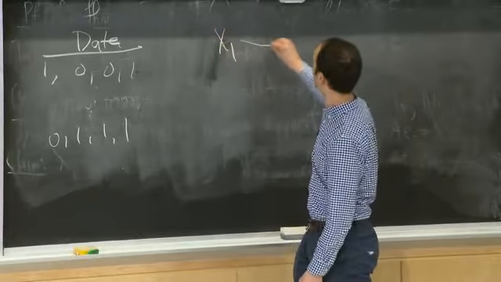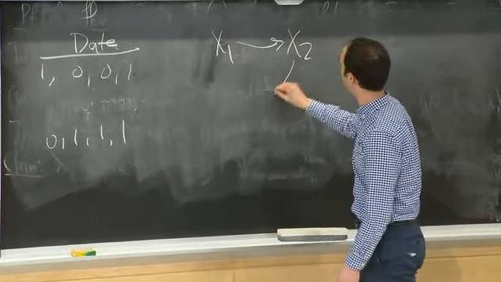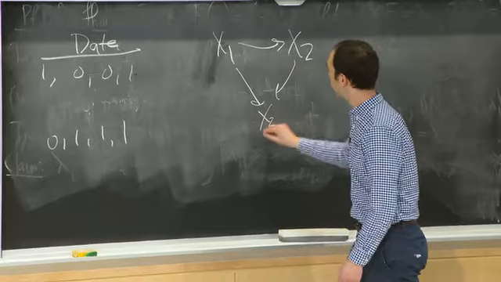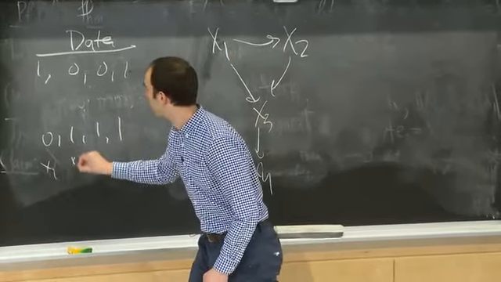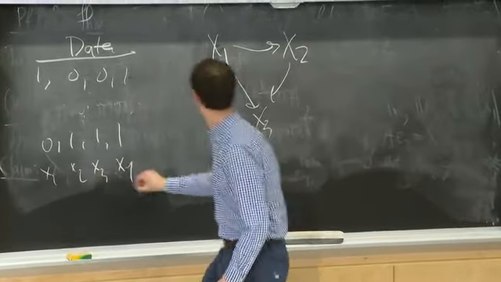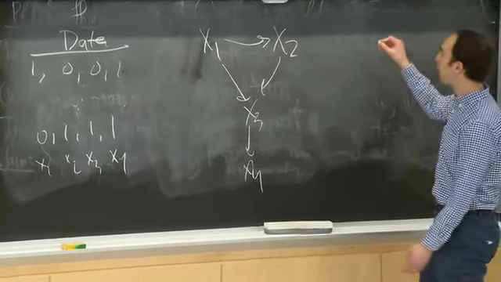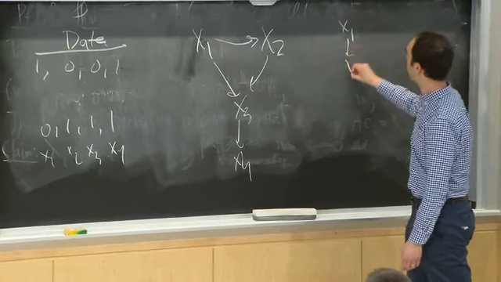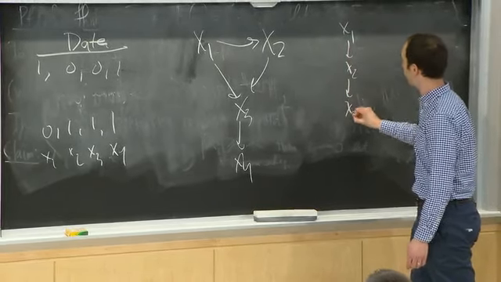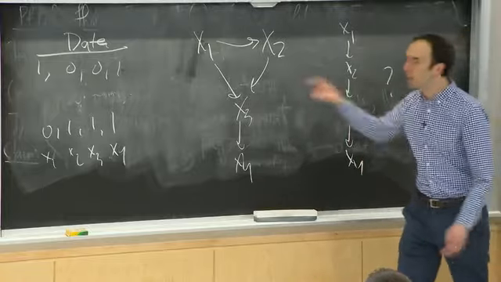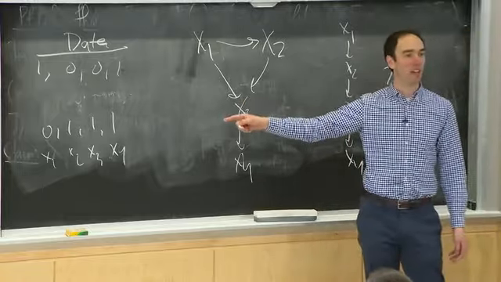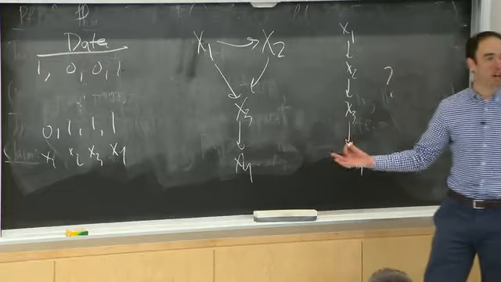Is it x1 goes to x2 goes to x3 to x4, where I'll say this is x1, that's x2, x3, and x4? Or maybe the causal graph is different. Trying to distinguish between these different causal graphs from observational data is one type of question that one can ask.